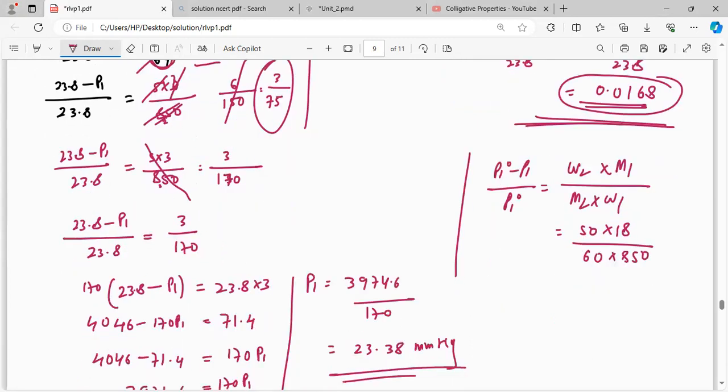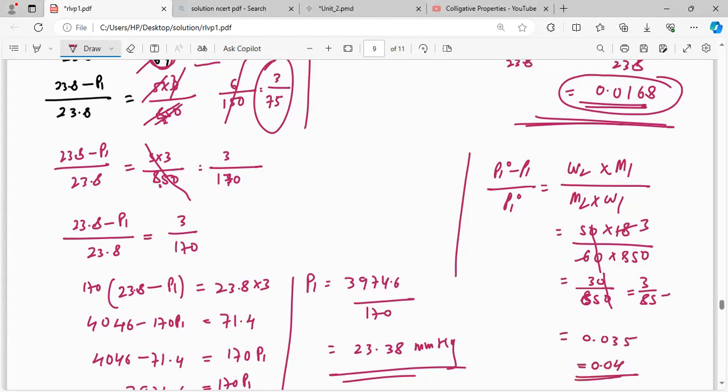So this would come the same, to cancel out. 6 3 is 18. 30 upon 85010. So this is 3 by 85. So 0.035 is equal to 0.04.